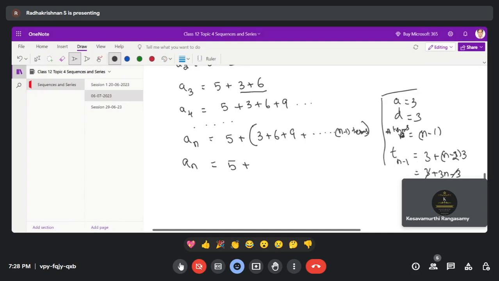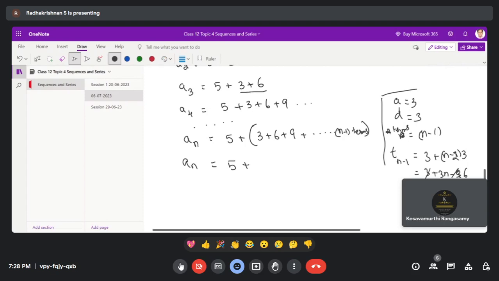Tn minus 1 is 3 plus n minus 2 into 3. So therefore, 3 plus 3n minus 6. So it is going to be 3n minus 3. So at each and every step you should do such simple checking. Here A equal to 3, D equal to 3, n minus 1 terms.